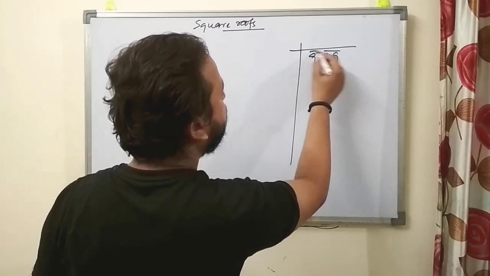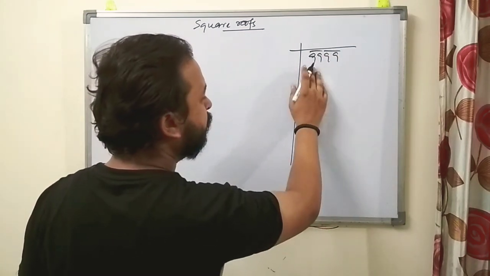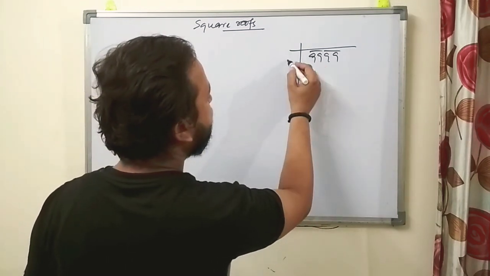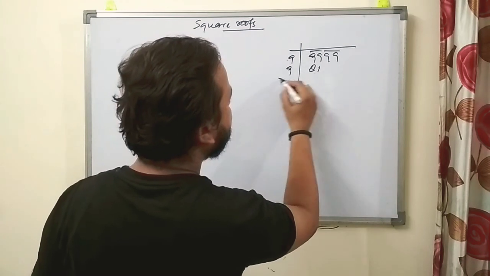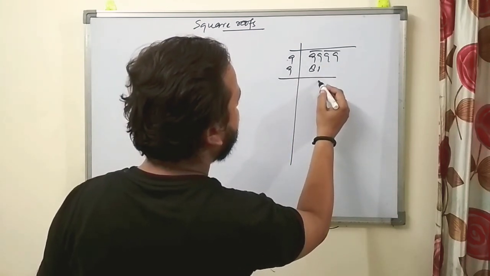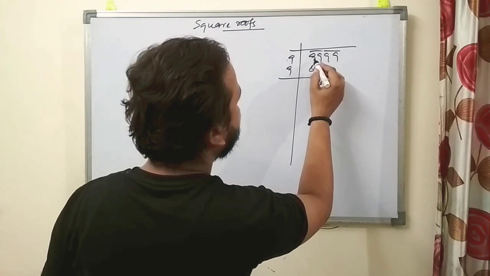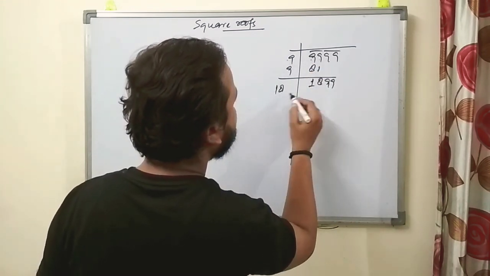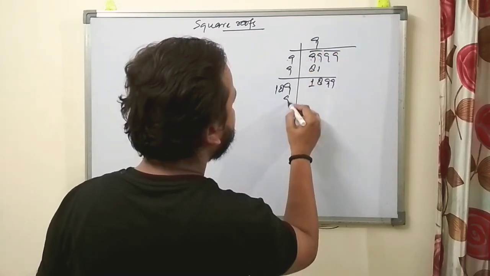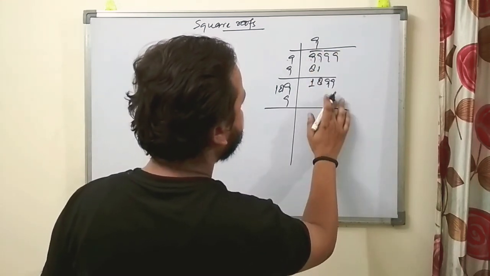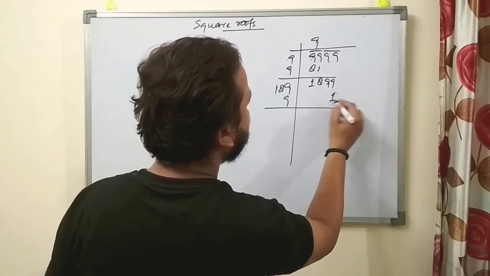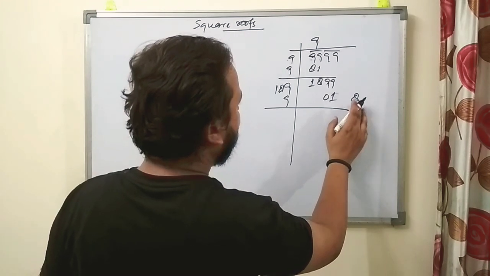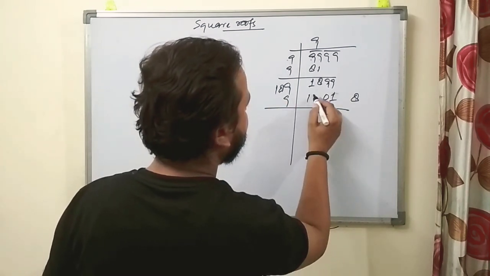So divide into pairs of numbers, 99. 9 nines are 81, so 9 minus 1 is 8, and 9 minus 8 is 1, 99 comes here, 18, then again 9. 9 nines are 81, carry 8, 9 eights are 72, 72 plus 8 is 80, carry 8, 9 ones are 9 plus 8 is 17.